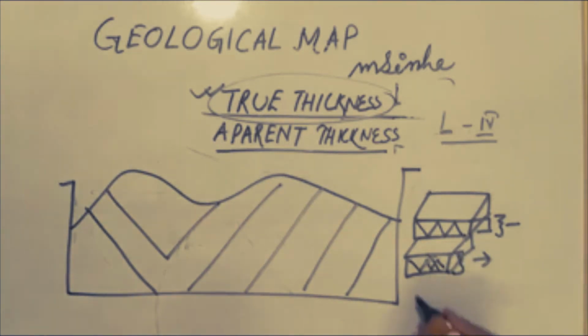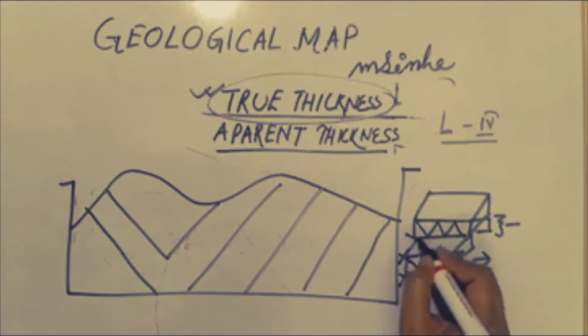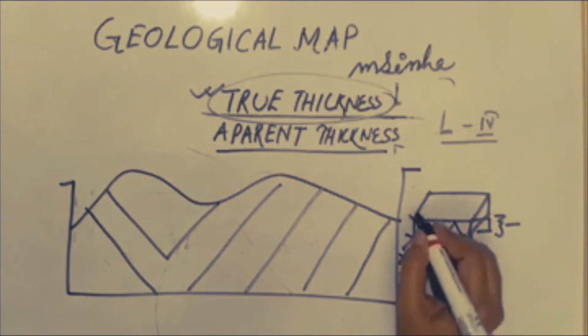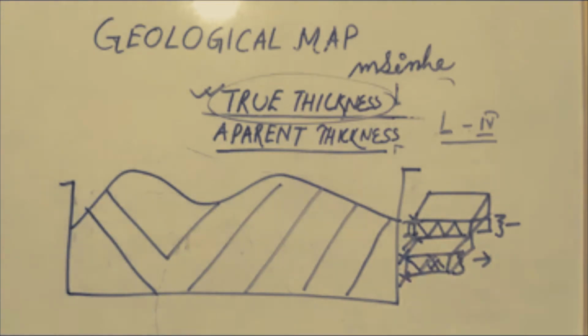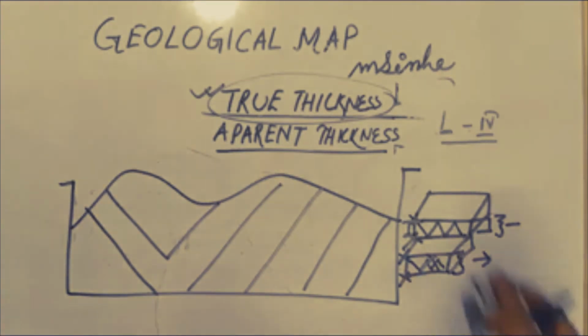Thickness is the width between the lower boundary of the bedding plane and the upper boundary of the bedding plane. This is the lower boundary and this one is the upper boundary. The linear distance in between them is known as thickness.